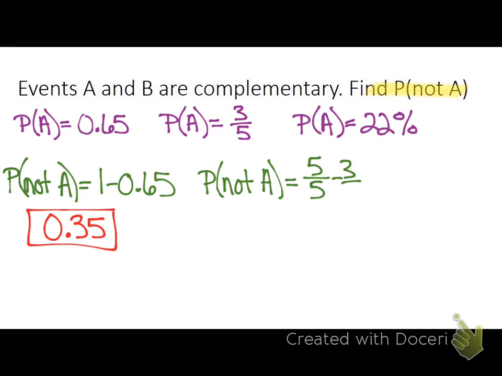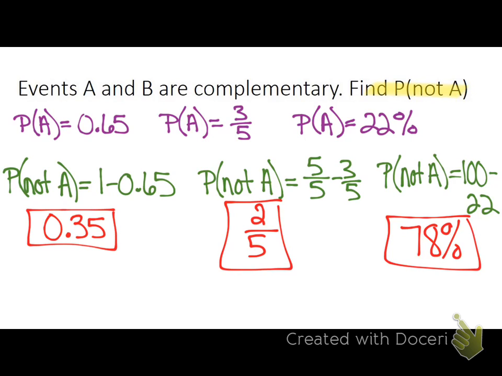Okay? What are you subtracting 3/5 from? 5 over 5. Show that. Answer's 2/5. What do you subtract 22% from? 100. 78%. So we got the answers right, and I say that's not all of it. You still have to show me what you're subtracting. This step right here on your test must be there. That's worth 2 points.